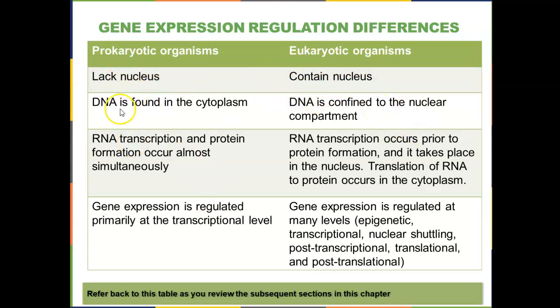And therefore, this becomes true as well. RNA transcription and protein formation occur quite overlapping, almost simultaneously. Obviously, transcription has to start first, but protein translation can occur even as transcription is still proceeding. Whereas in eukaryotic cells, those two processes are separated in time and in space.